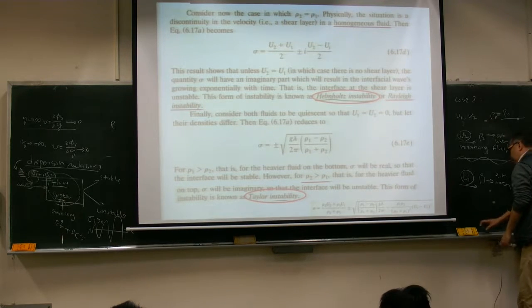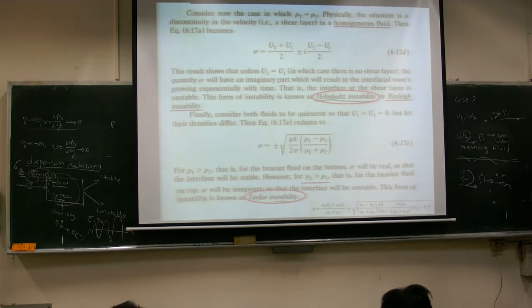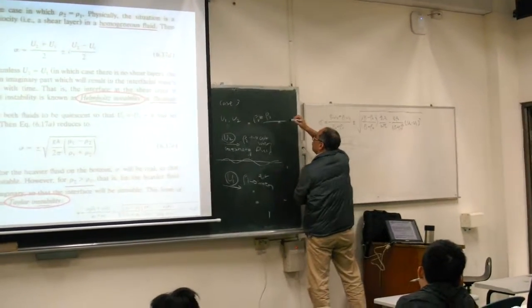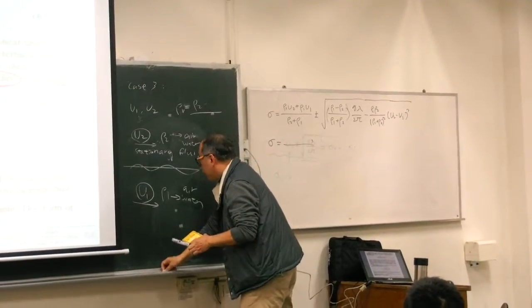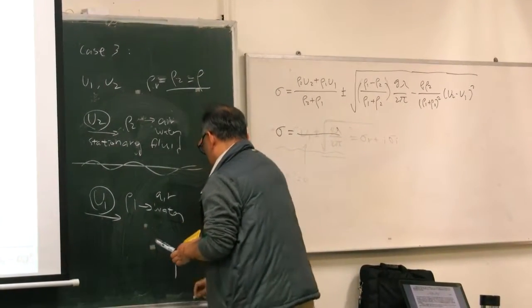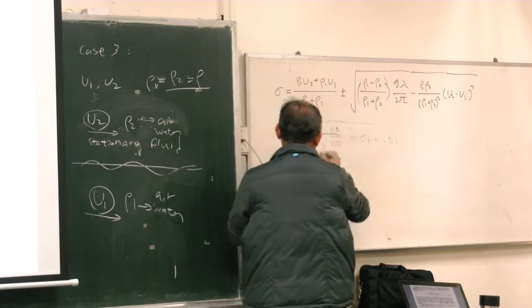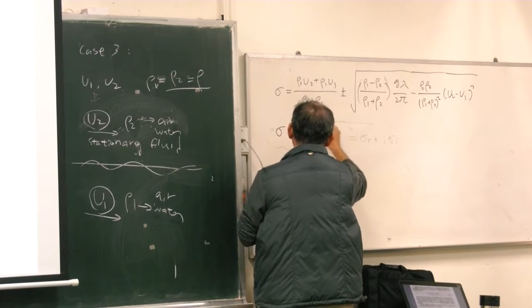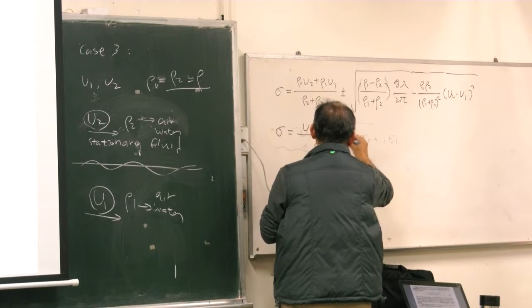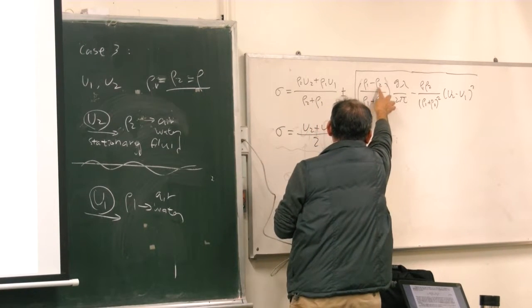So what we have here, rho 1 equal to rho 2, it means this is equal to rho, right? This is rho, and this is rho, this is 2 rho, so it becomes 1/2. Okay, you can substitute rho 1 equal to rho 2 equal to rho, and then you can simplify this solution to become 1/2 (U2 plus U1), right? Rho 1 equal to rho 2.